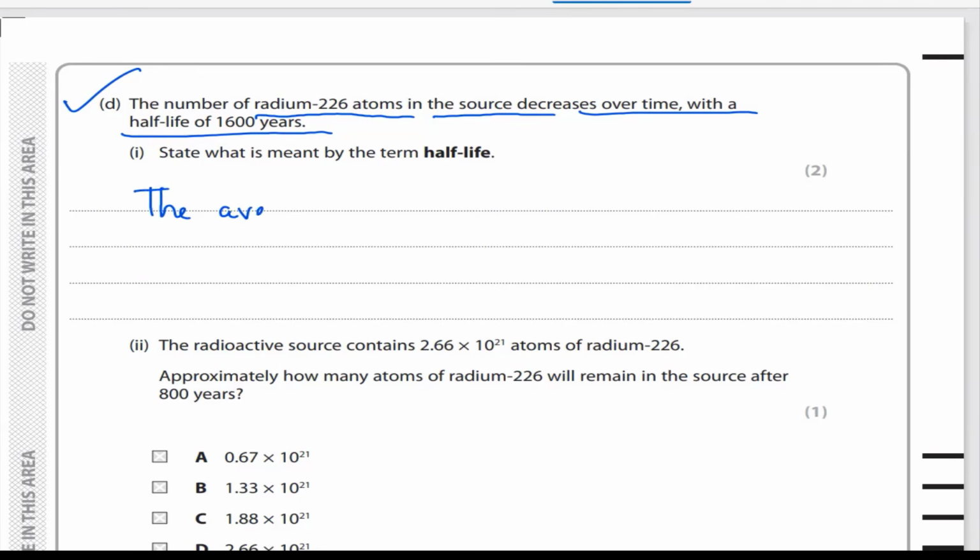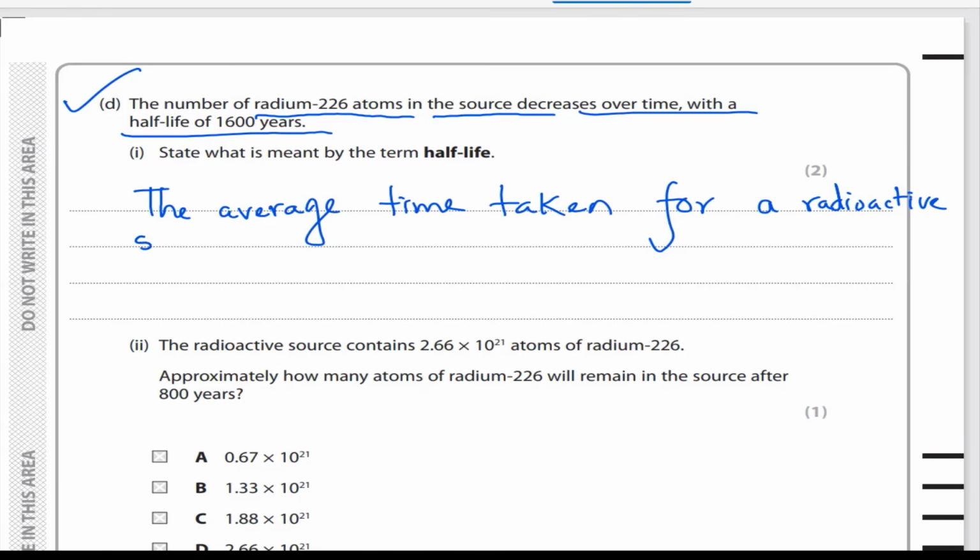The average time taken for a radioactive substance for radioactivity to halve.